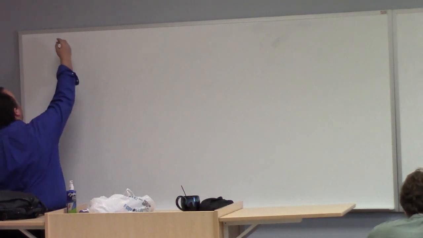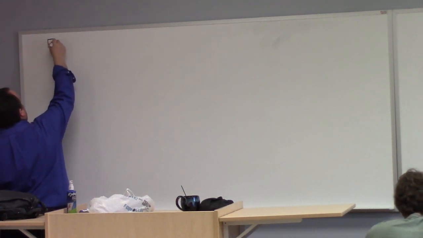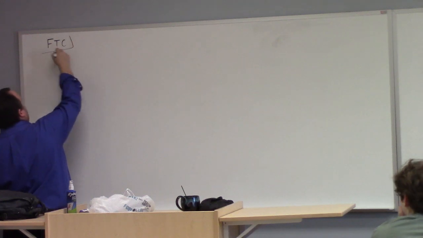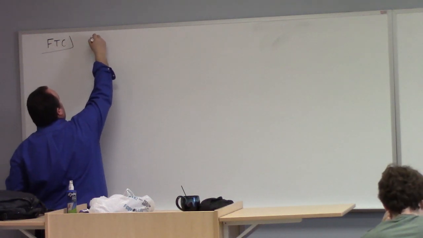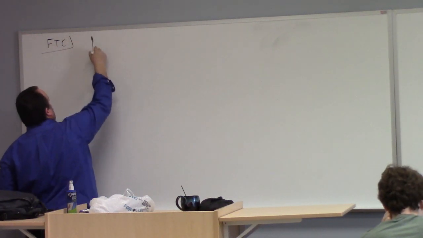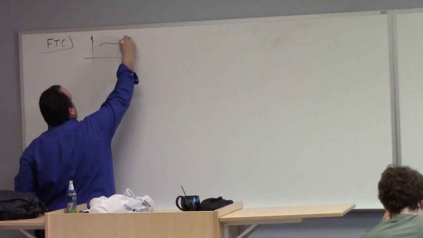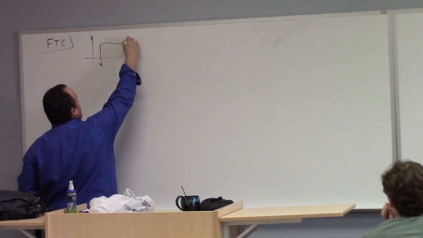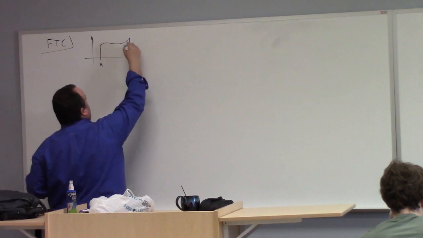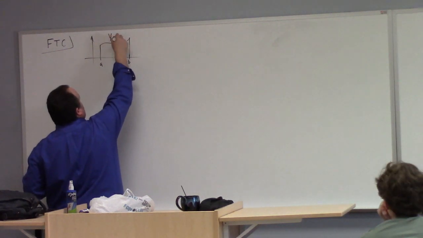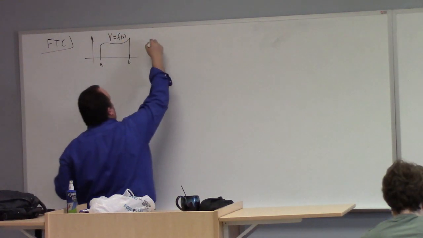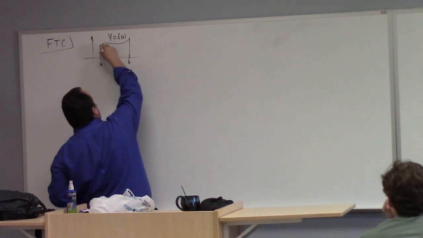Just to let you know, the fundamental theorem of calculus, this is the big idea for the rest of the course, is this. If we look at the area under a curve, say from a to b, and this is y equals f of x, we're trying to find this area here.